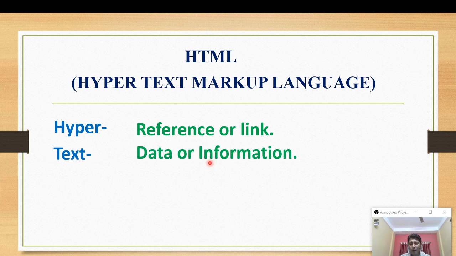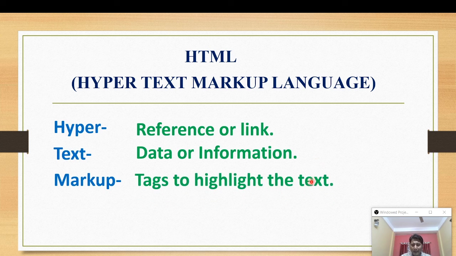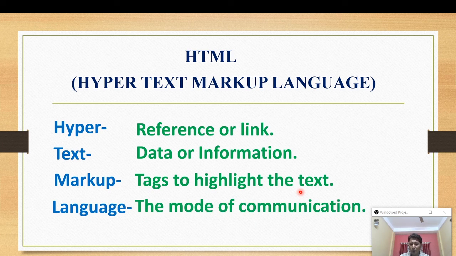Text are the data or informations that are used to create the web page. Markup. So markup are the tags that are used to highlight the text. Highlight the text means that are used to format the text in a web page. And finally the language. So language is the mode of communication, and while creating a web page, the mode of language that we use is HTML, that is Hypertext Markup Language.